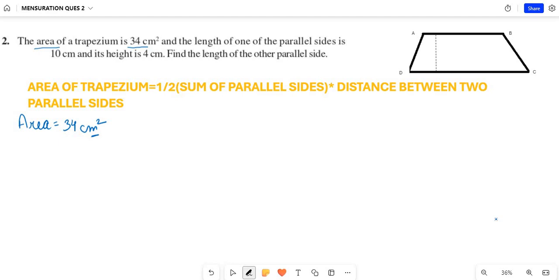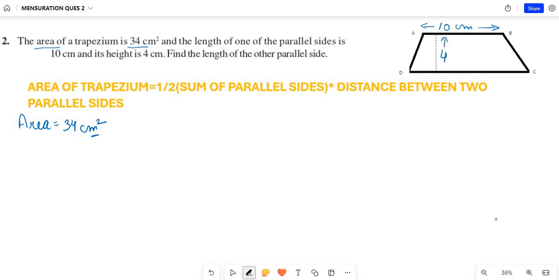Now since we do not know which parallel side is 10 centimeter, we will write AB is equal to 10 centimeter. Now it can also be possible that we get the other side which is smaller than 10 centimeter. Since we do not know what will be the answer, we are using 10 for this. The height is 4 centimeter. Height means the distance between the two parallel sides.